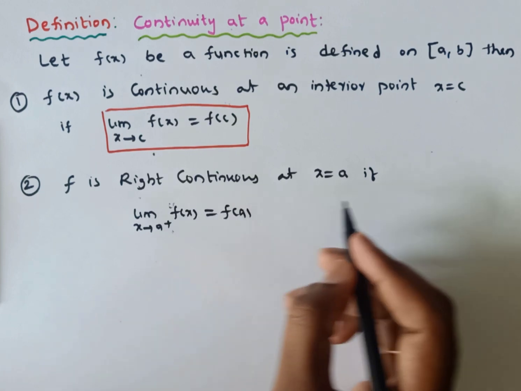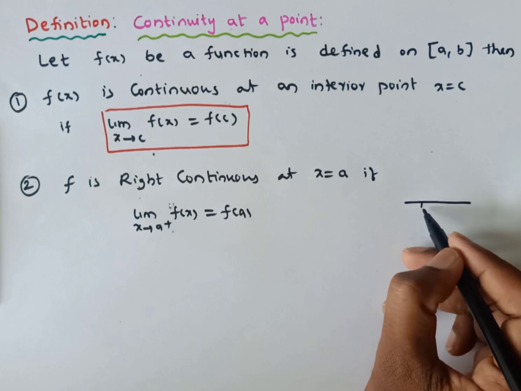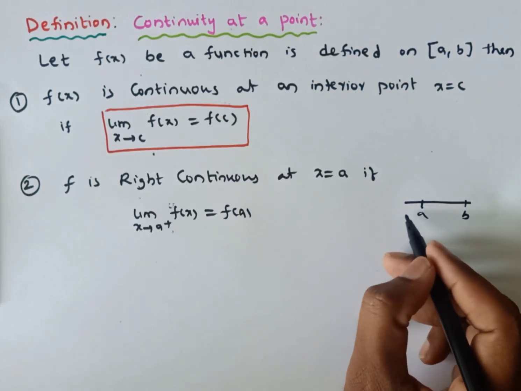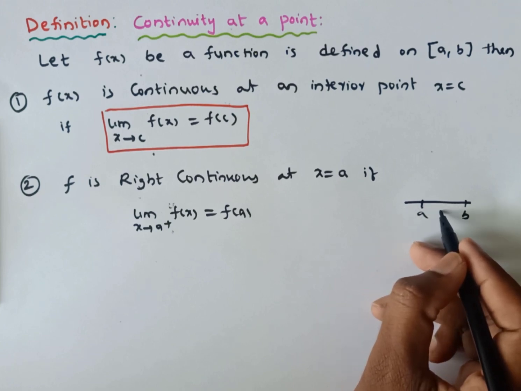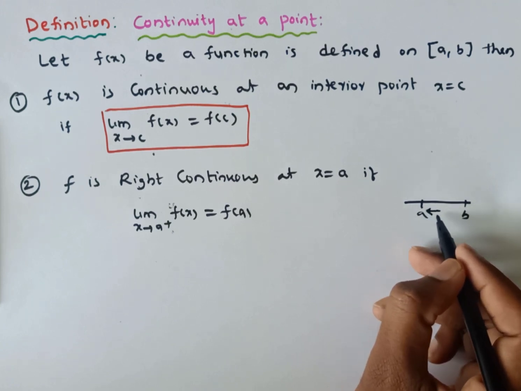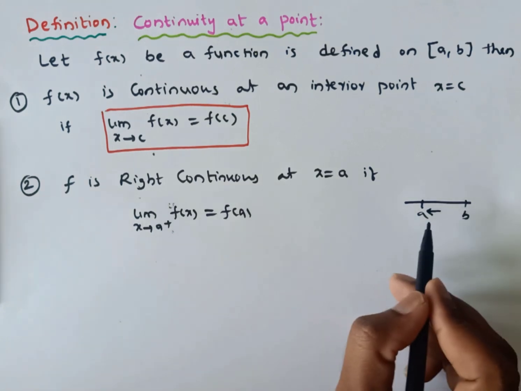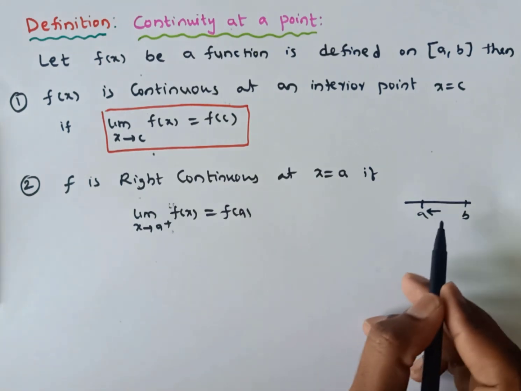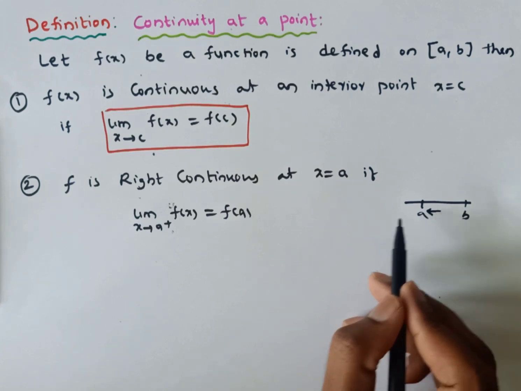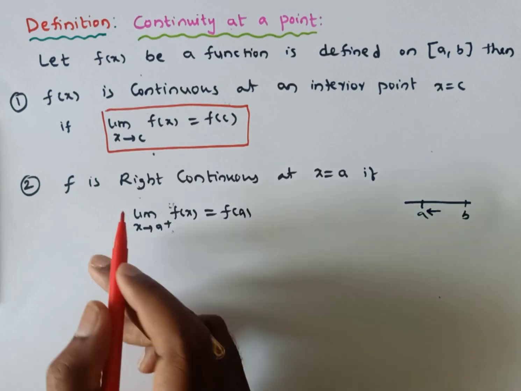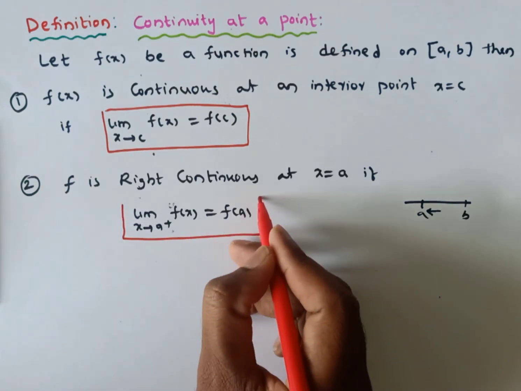So this is our closed interval, right? a is the start and b is the end. Now at x equals a, there is no left part. So compulsorily, only the limit as x approaches a from the right hand side. There is no left part. So to check continuity at x equals a, what should we do? Only check that the right hand limit at a is equal to the function value. That's it. So this is right continuous.